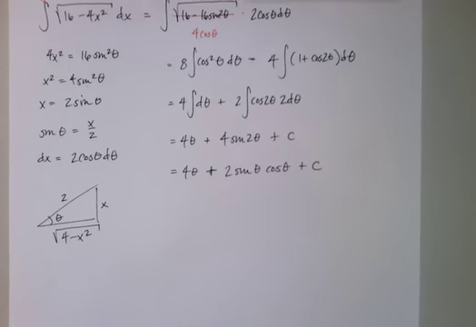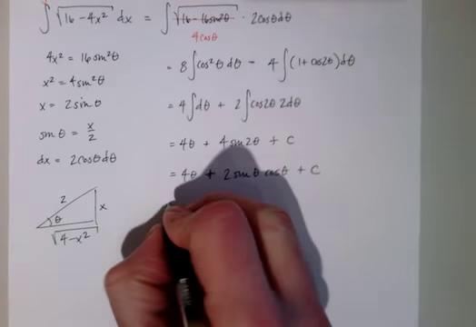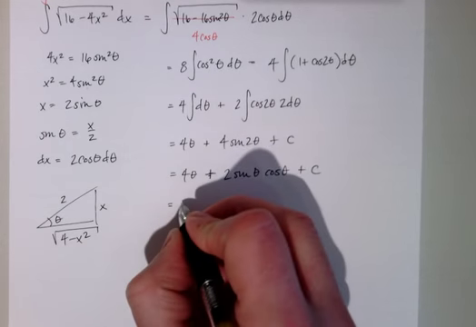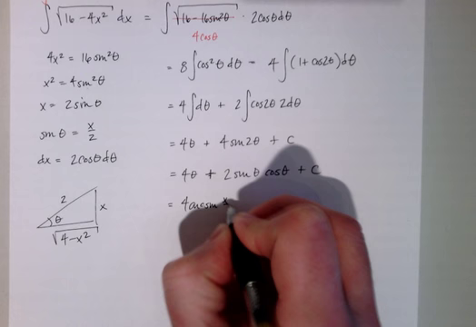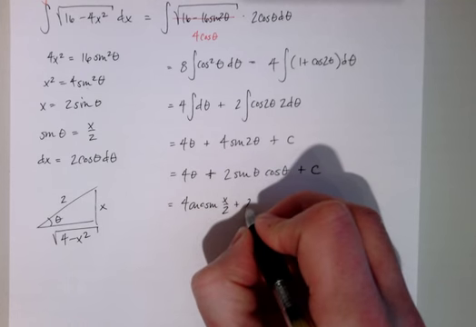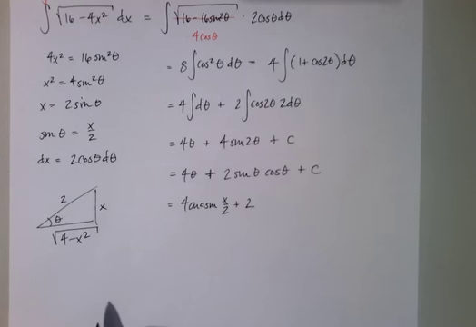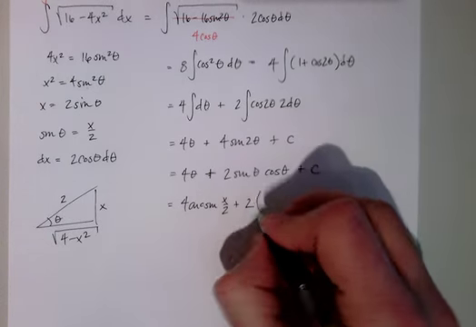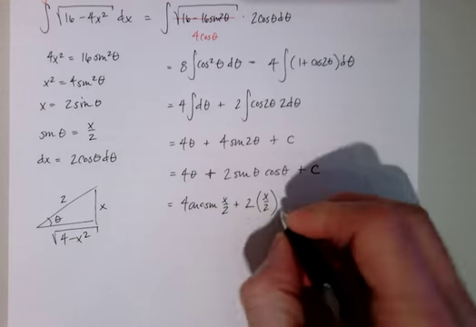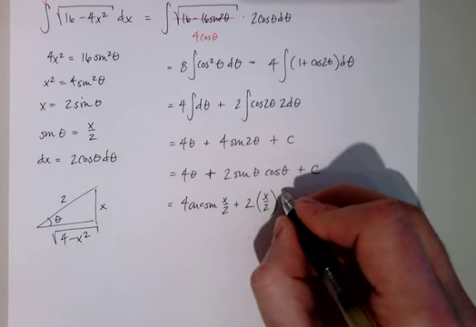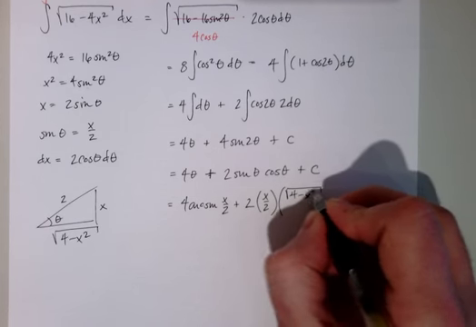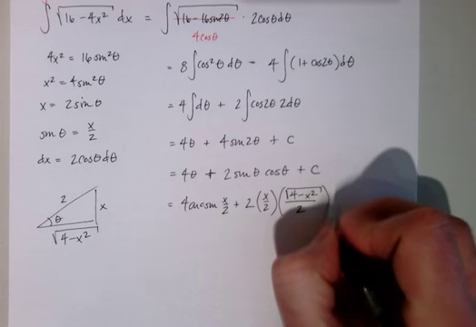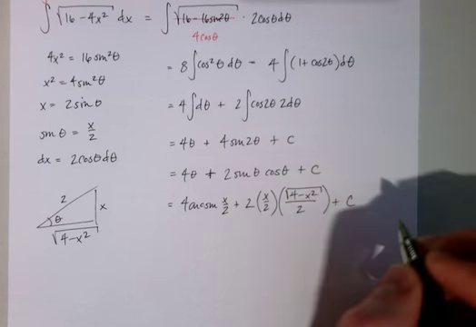From here, I know that theta is arcsine x over 2. I know that sine of theta is going to be x over 2. And I know that cosine of theta is going to be the square root of 4 minus x squared over 2, plus c.